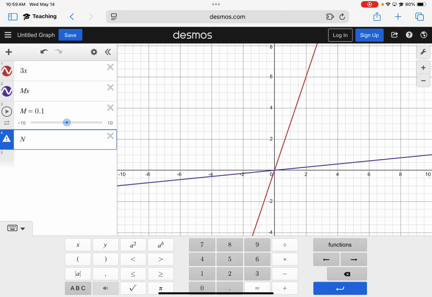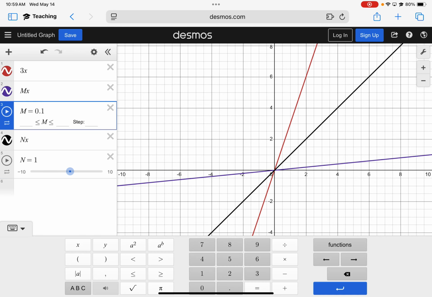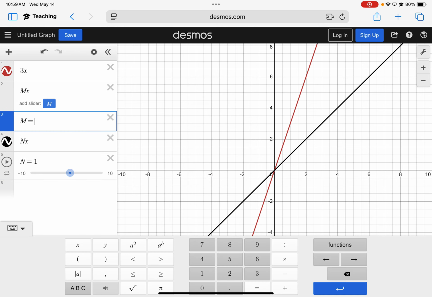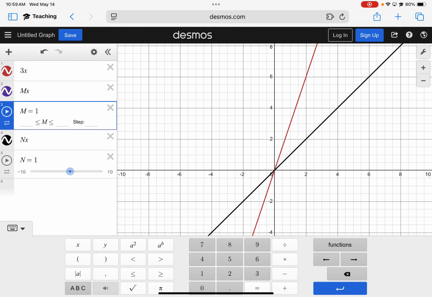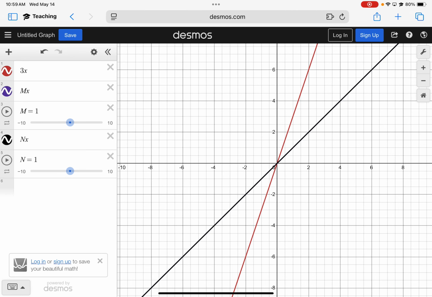Capital N. Okay, so say we were trying to show that the function 3x is in big theta of x. So 3x and x grow at roughly the same rate asymptotically.